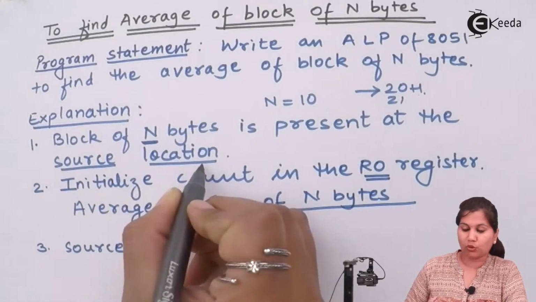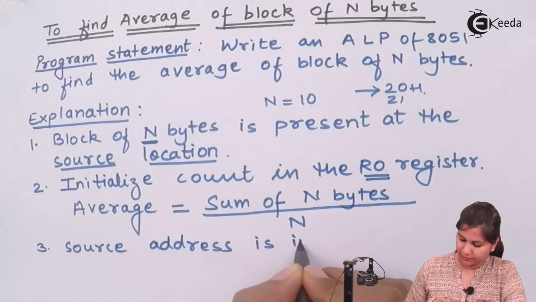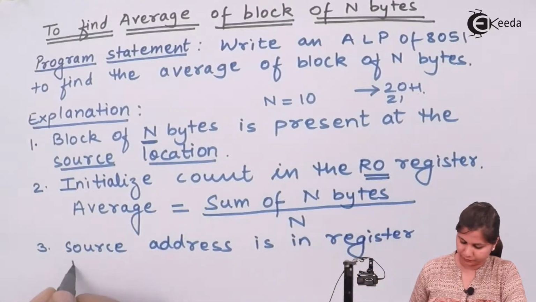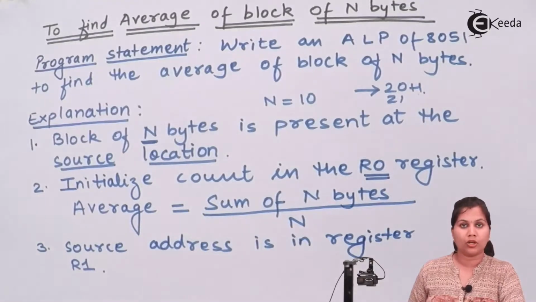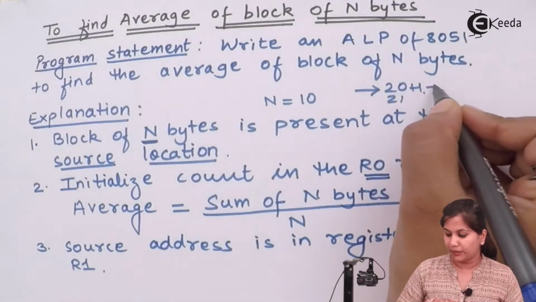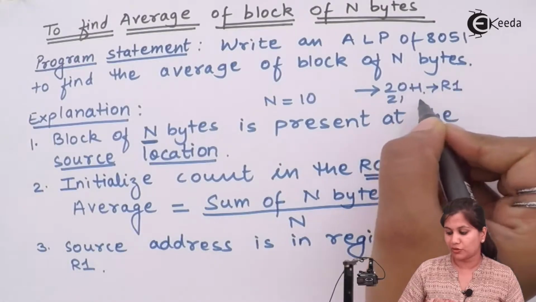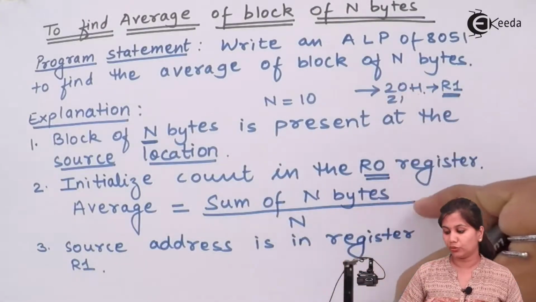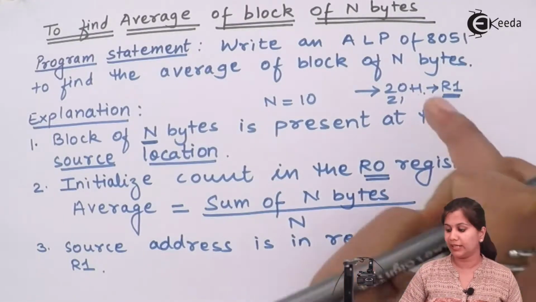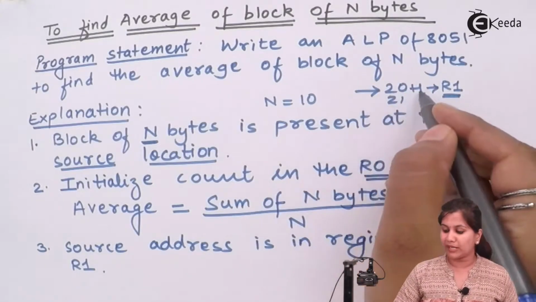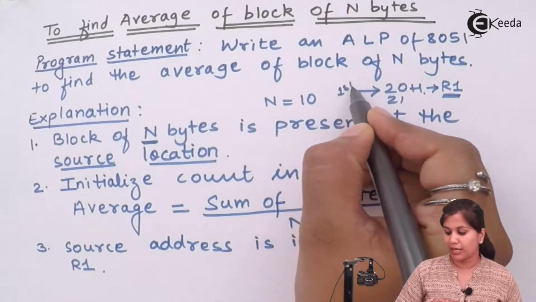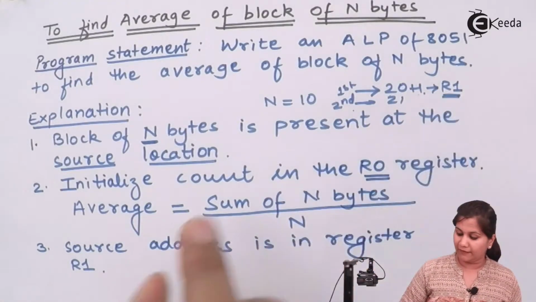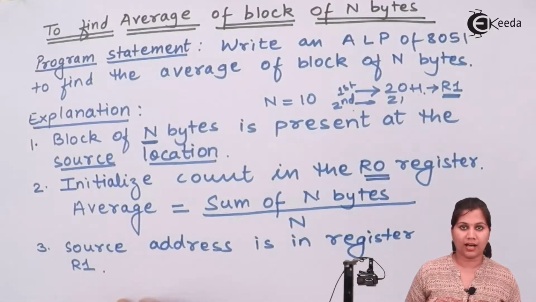We suppose that this source address is in register R1. So this R1, that is 20H, from where the numbers are stored, is in register R1. We are going to increment this register, so we will get to know how many numbers are present in it and what these numbers are. Suppose at 20H the first number is stored, at 21H the second number is stored. So this source address is in register R1.